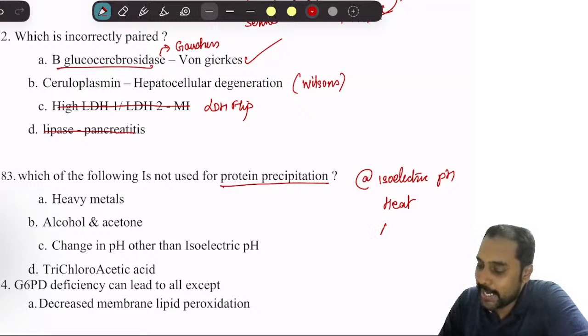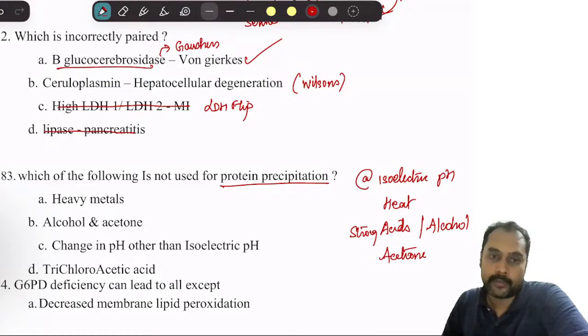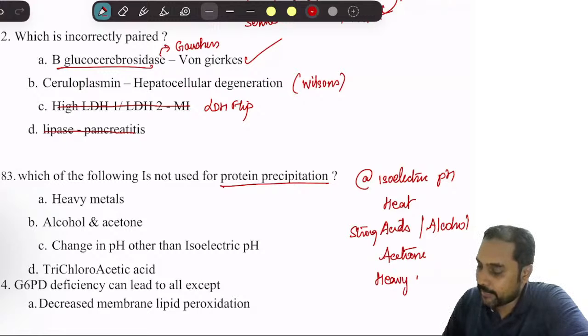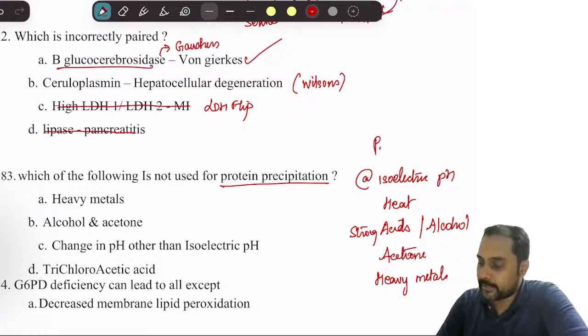And then while adding strong acids or alcohol. And then there is acetone, which is a solvent that also precipitates the protein. Finally, we have the heavy metals. So these are all protein precipitators.